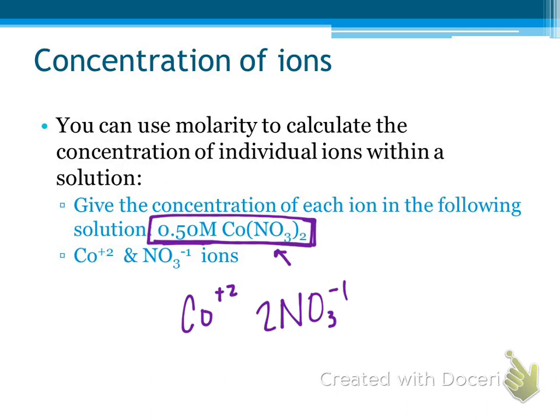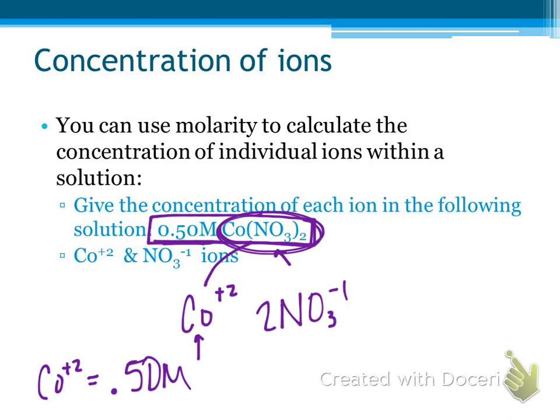So when I want to find the concentration of just cobalt ions, if there is 1 cobalt ion for every molecule, that means my concentration of cobalt ions is just equal to 0.5 molar. If there's 1 cobalt ion for every molecule of cobalt(II) nitrate, the concentration of cobalt ions is the exact same as the concentration of the total compound. It's a 1-to-1 ratio. Does that make sense?